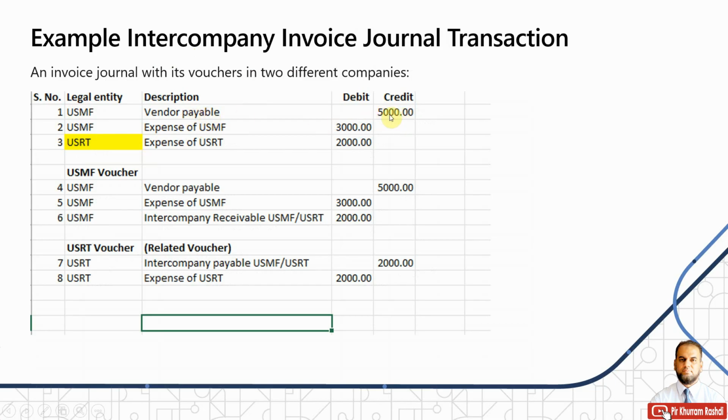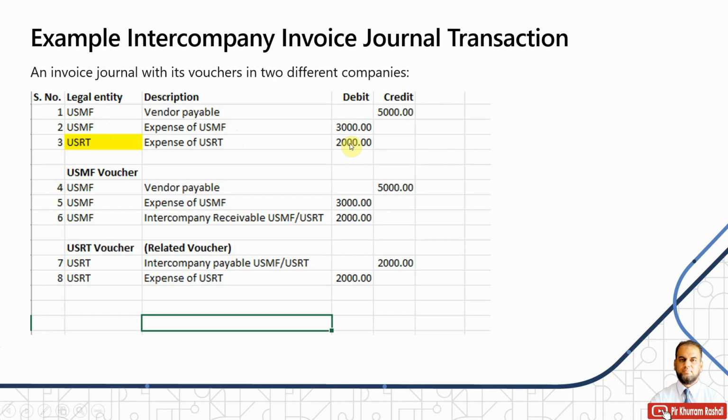So this is a liability of 5,000 USD in USMF. But this liability is partially for USMF and partially for USRT. So 3,000 is the expense of USMF, but 2,000 is the expense of another subsidiary company on the same lateral level. So that is 2,000 USD.